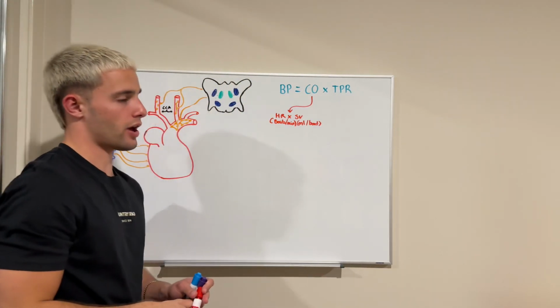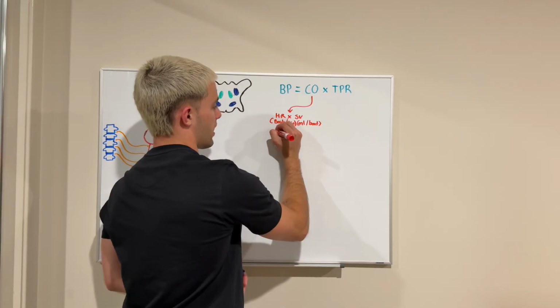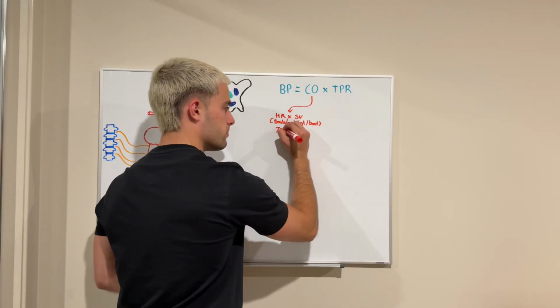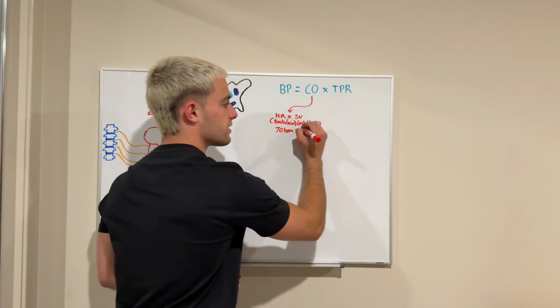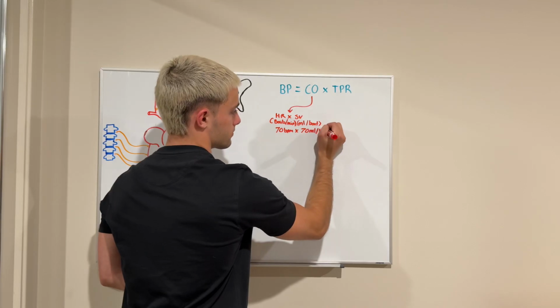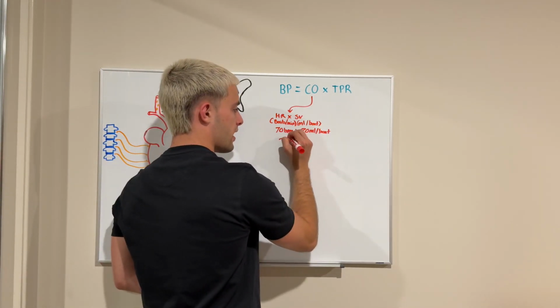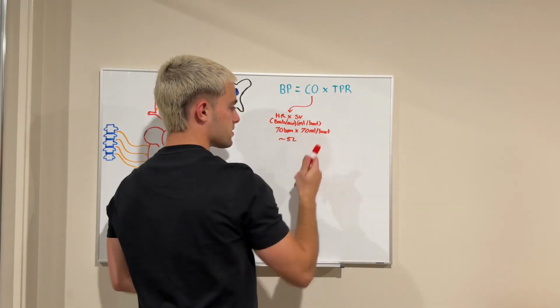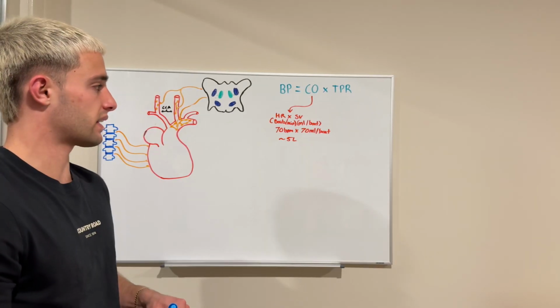On average, with a healthy person, we are talking about around 70 beats per minute and about 70 milliliters per beat. Now, this gives us an average of around 5 liters per minute of blood leaving the heart.